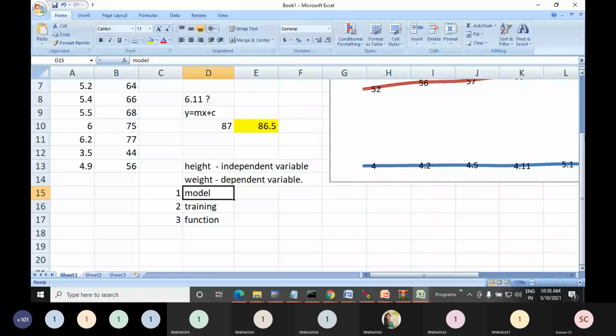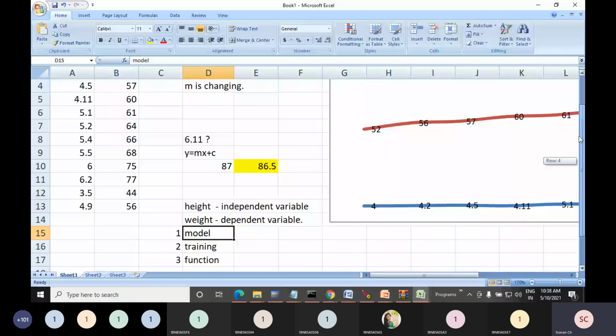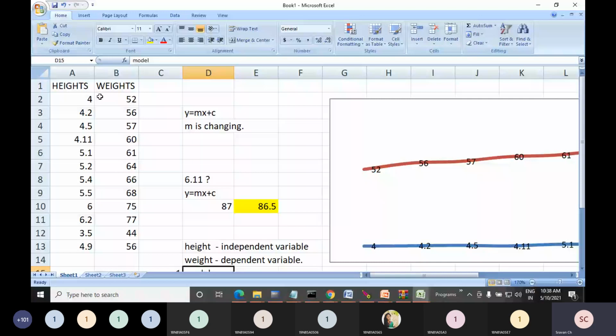Please observe this: 1, 2, 3, 4. I have 10 data items, heights and corresponding weights. This data along with its output: if height is 4, weight must be 52. If height is 4.2, weight must be 56.